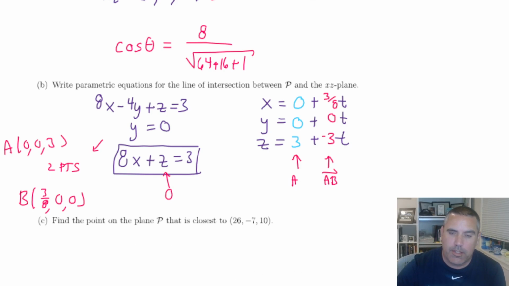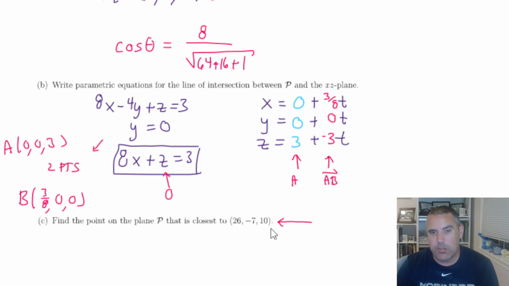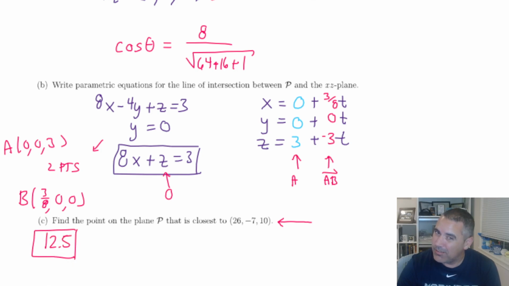Find the point on the plane that is closest to this point, 26, -7, 10. This particular one, we have more than one way to do it. There actually was a formula way back in 12.5 that you saw a couple times in the homework that would immediately give you that answer.